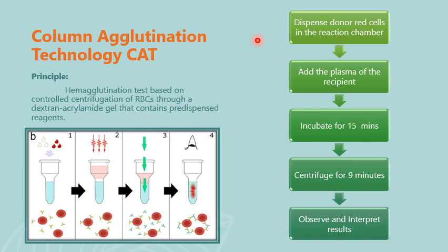For the procedure, dispense donor red cells in the reaction chamber, add the plasma of the recipient, incubate for 15 minutes, then centrifuge for 9 minutes, and observe and interpret results.